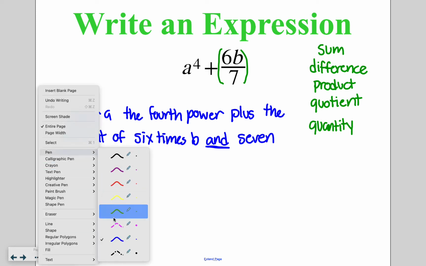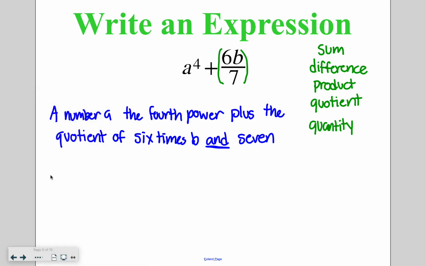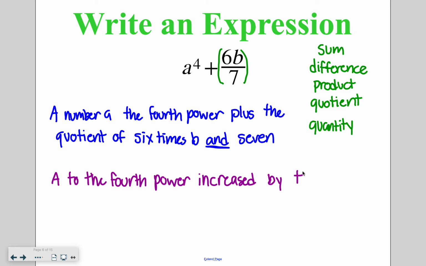Another example for how I could write this one out would be to say a to the fourth power increased by the quantity, again using one of those grouping words to show that I want that to be together.